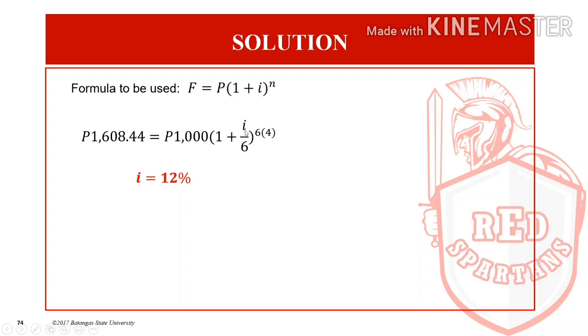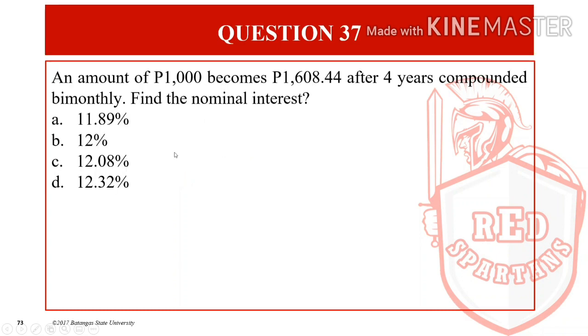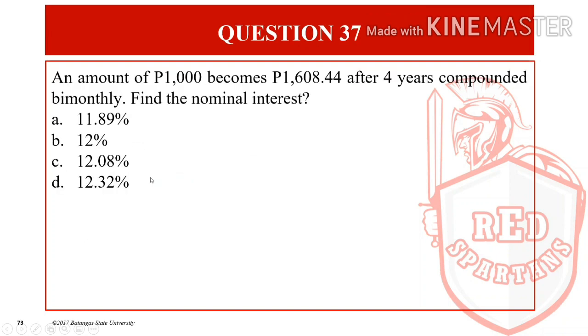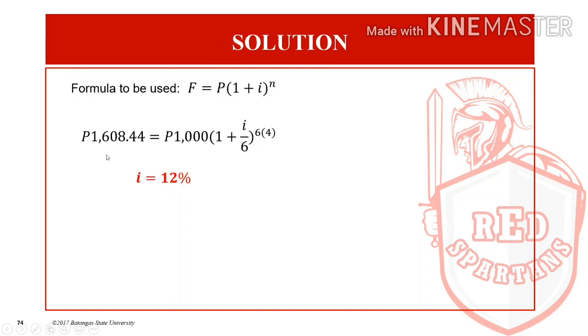Kasi pangkaraniwan na ang ginagamit natin ay by monthly. Kaya ang gagawin nyo ay trial and error method. Isa-substitute nyo yung mga value na to, then, para makuha nyo yung future value. So, kapag nag-substitute kayo ng 12%, lalabas na ang F niya is 1,608.44. So, trial and error method.